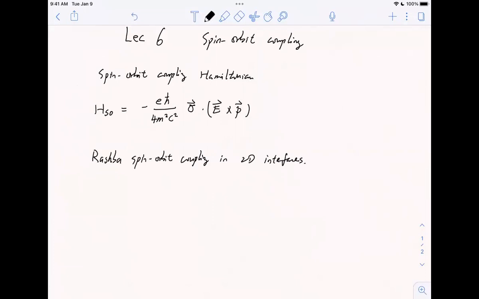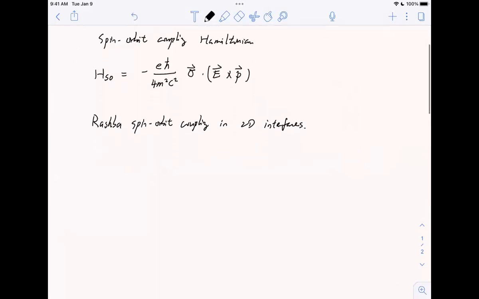So what is Rashba spin orbit coupling? Rashba spin orbit coupling is just this Hamiltonian with a particular form of the electric field. Okay, so let's consider a 2D system with a perpendicular electric field.